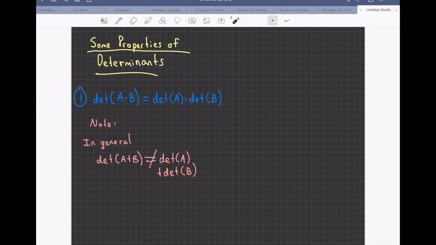This rule is not true. If you have a sum of two matrices and you want to compute the determinant, it's not the sum of the corresponding determinants. But when we have a product or multiplication, it is true. Let's see one quick example.